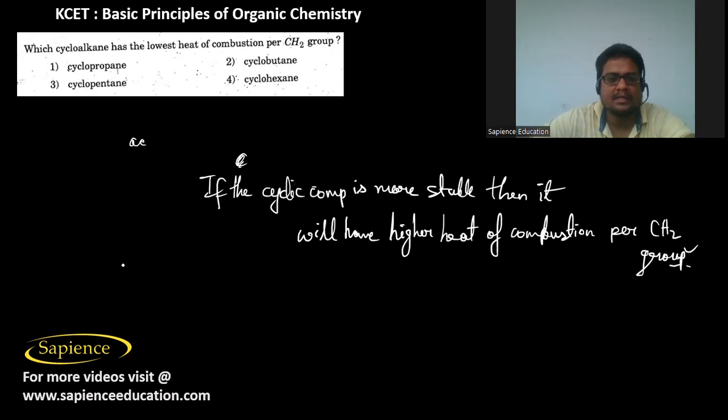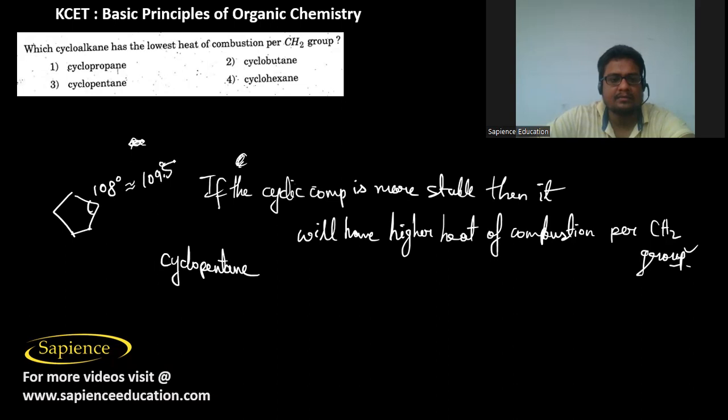So it means that cyclopentane is the most stable according to the Baeyer strain theory, since for cyclopentane the internal bond angle is 108 degrees, which is very close to 109.5 degrees.